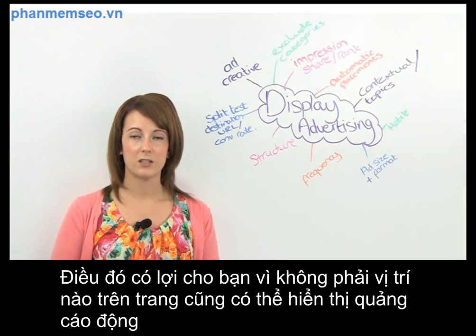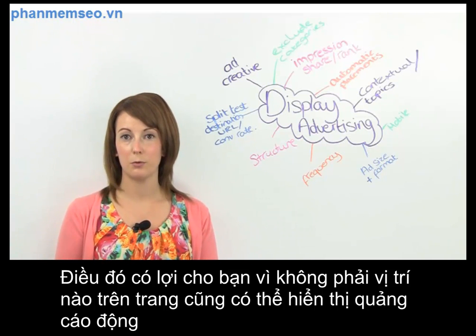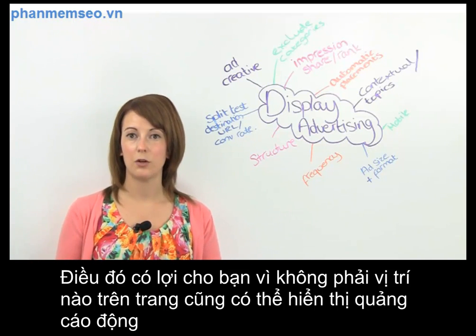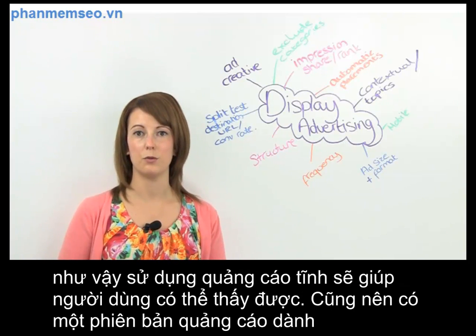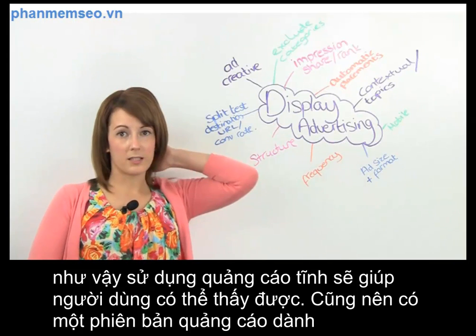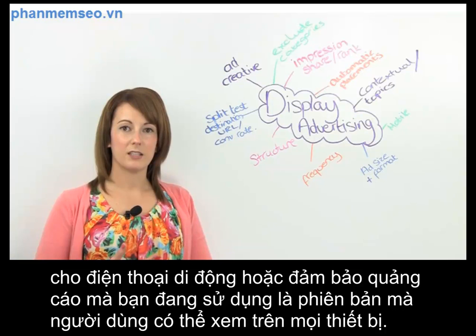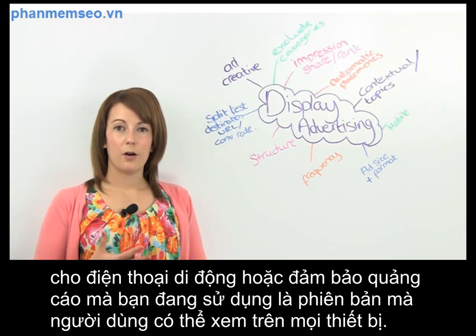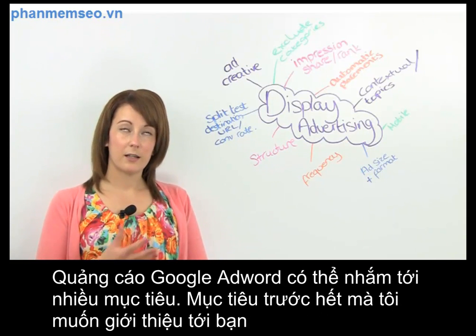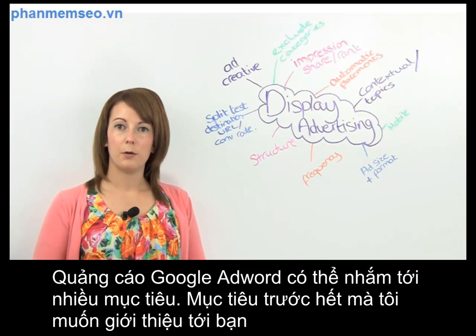What this does is means that any placements or sites which don't support animated ads can still show your ads, and you're still eligible to target those users. If you use mobile with display, I'd recommend making sure that you've got mobile specific ads too. So these are just slightly different formats, and they'll make sure that you're eligible to show on mobile sites as well.